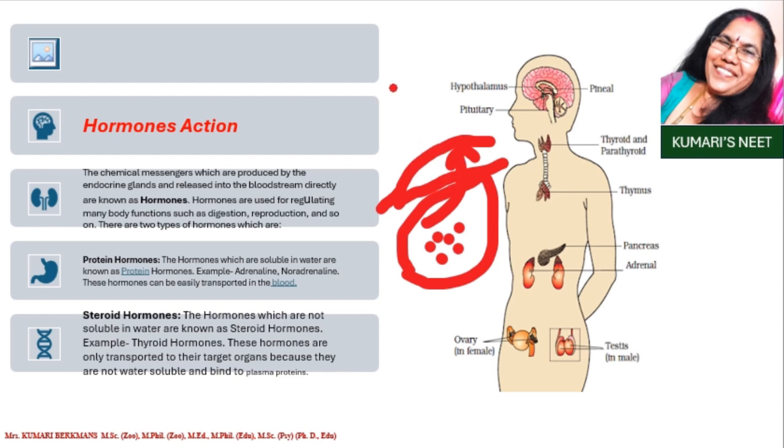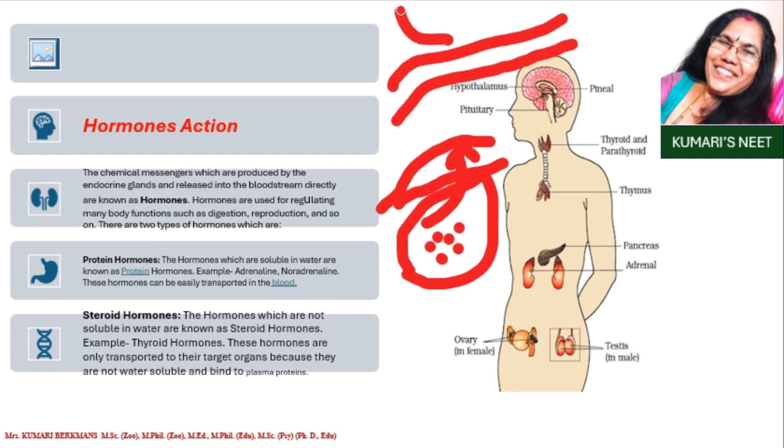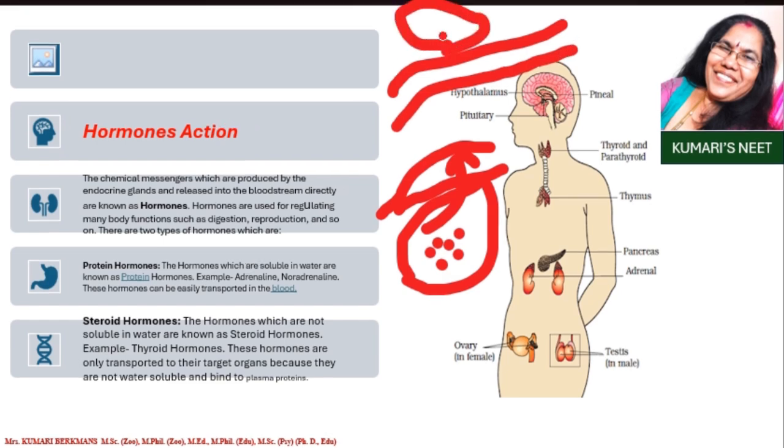So what is called an enzyme? Enzymes are secreted by glands, and the secretion is sent out through a duct. Duct in the sense tube.